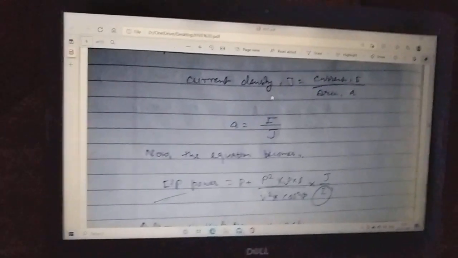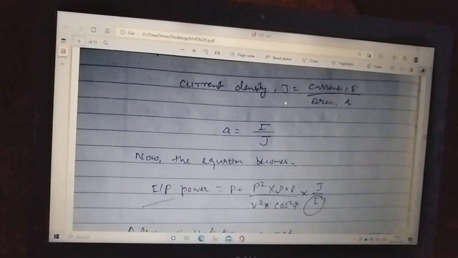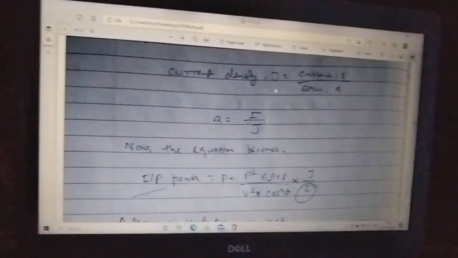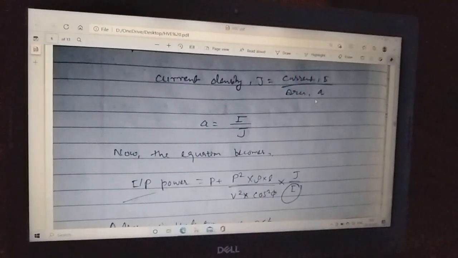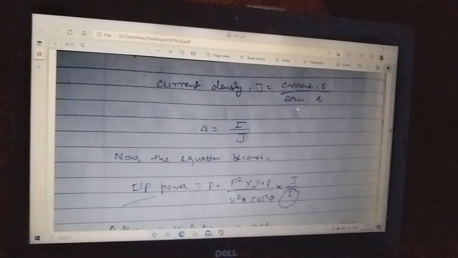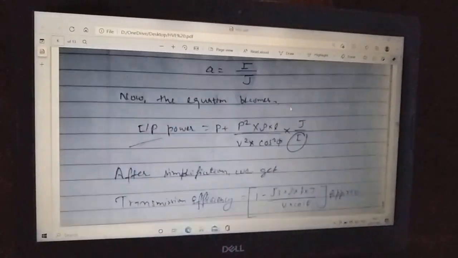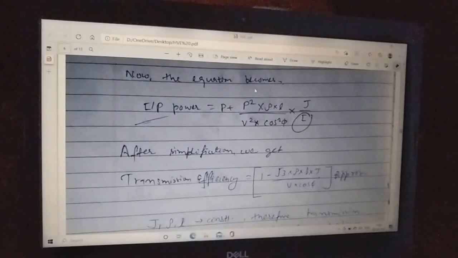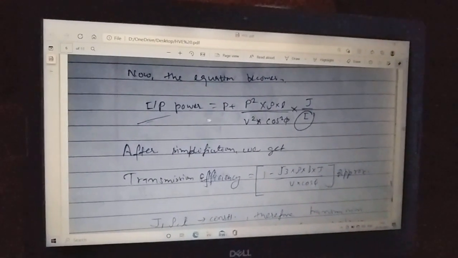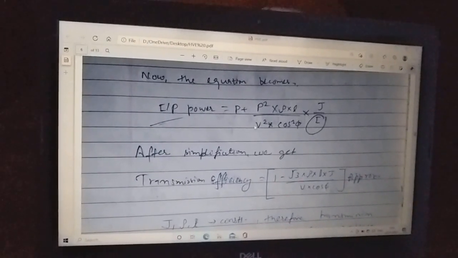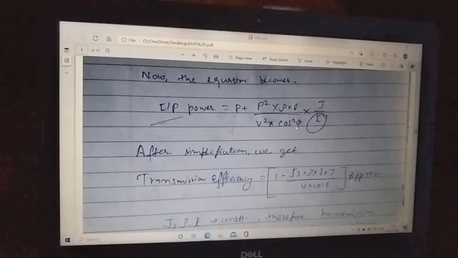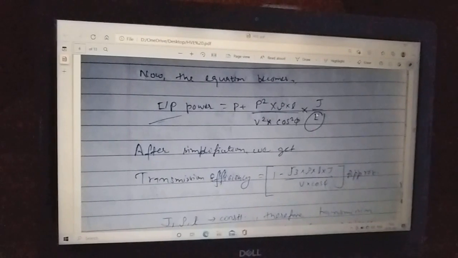Current density is denoted by J, and J is I divided by A, that is, current per area. So this equation now becomes input power equals P plus P squared rho L divided by V squared cos squared phi into J by I.